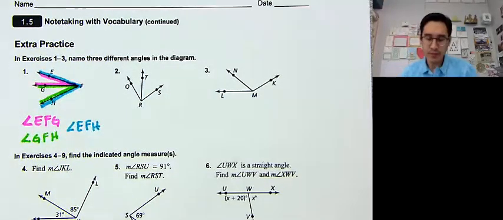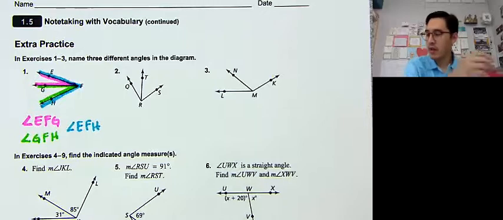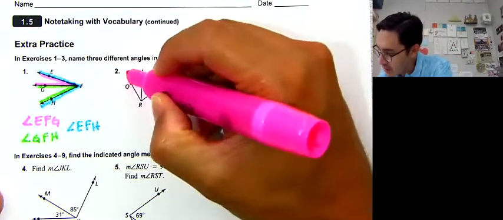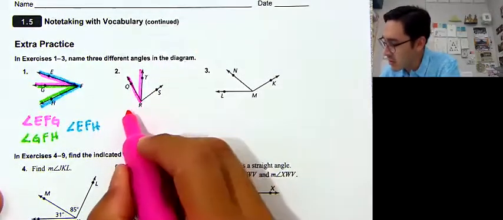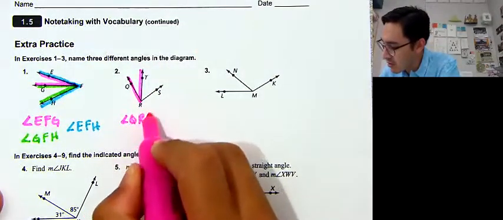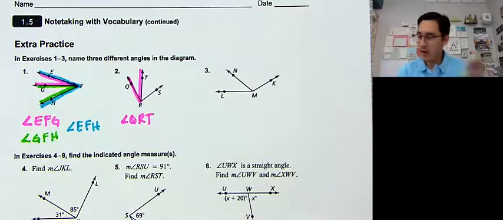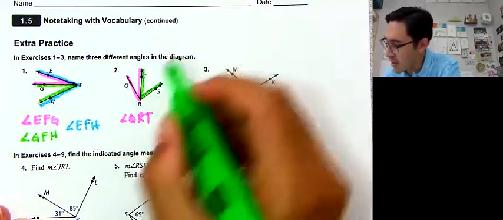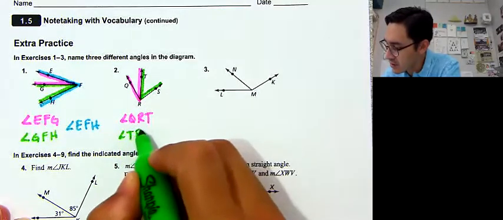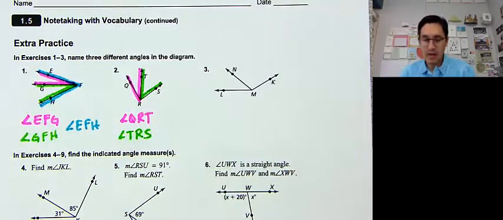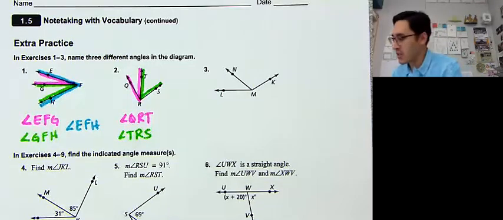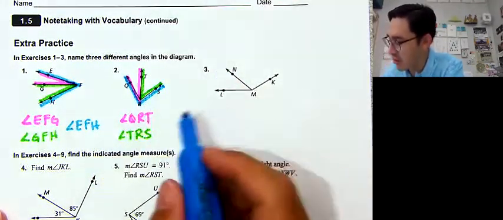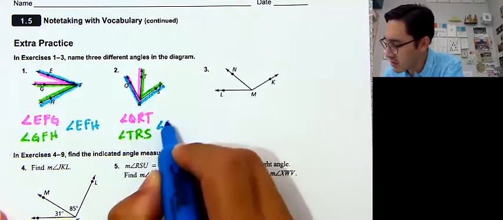Let's repeat that process on the next one. I'll move a little bit faster here. Angle QRT. We can have angle TRS. And they're adjacent, and they can be combined together to make the big angle QRS.